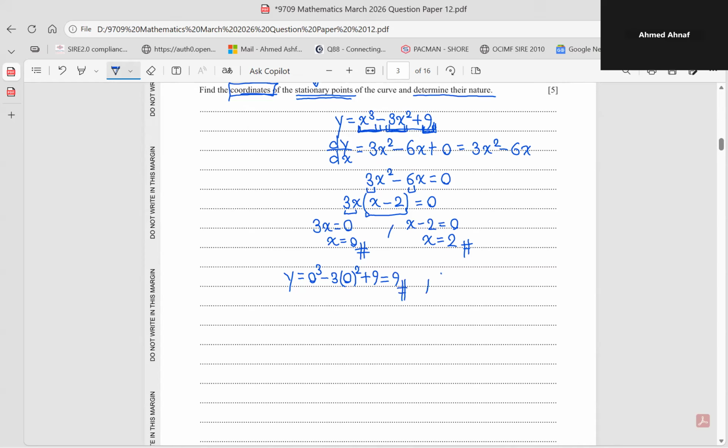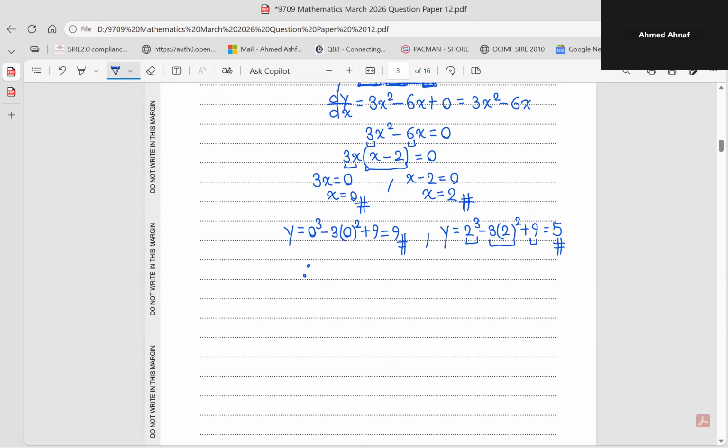Do the same for x equals 2. So 2 cubed minus 3 times 2 squared plus 9. This is 8, this is 12. So 8 minus 12 is minus 4. Minus 4 plus 9 is 5. So 5 is the y coordinate for x equals 2.